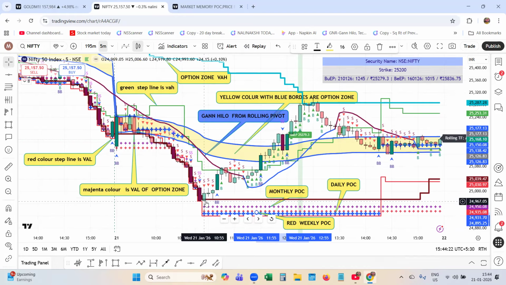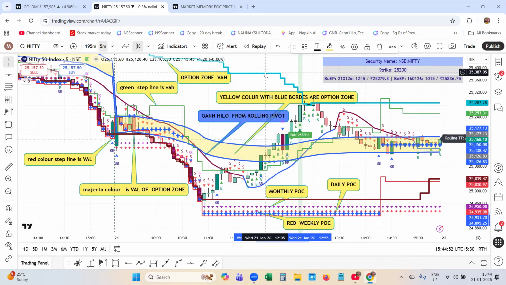Price got rejected from this area. That was the clear indication, and the value area low of the option zone started halting. Price started getting rejected from the POC earlier, and then from this one, the value area low of the option zone.